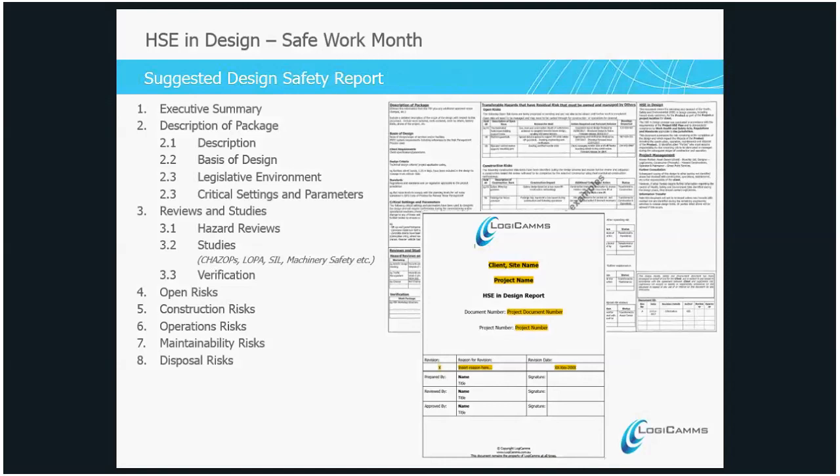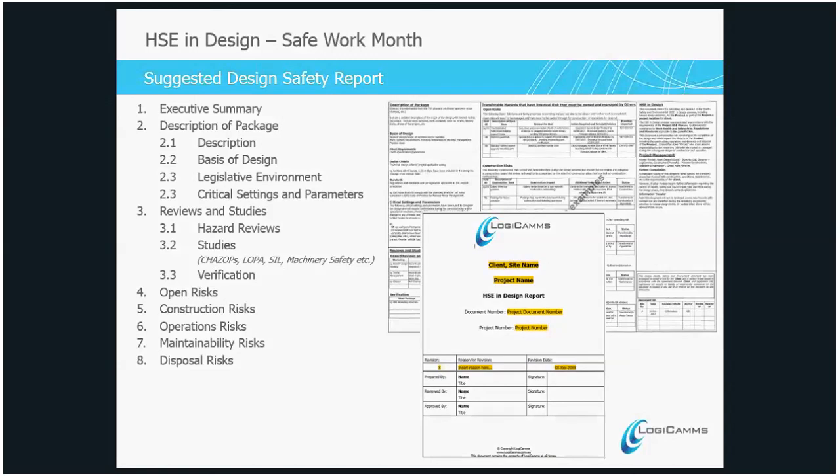However, if we are going to look at some of the things that we need to consider, in some cases this can be just a reflection of whatever our original PEP document was: description of the package of work, how it was designed, what the legislation requirements are, and any critical settings or parameters. Particularly in the control field that can be quite important, or where we might be changing the way a drive operates, so if there are any critical aspects of VSD or whatever, that's communicated.